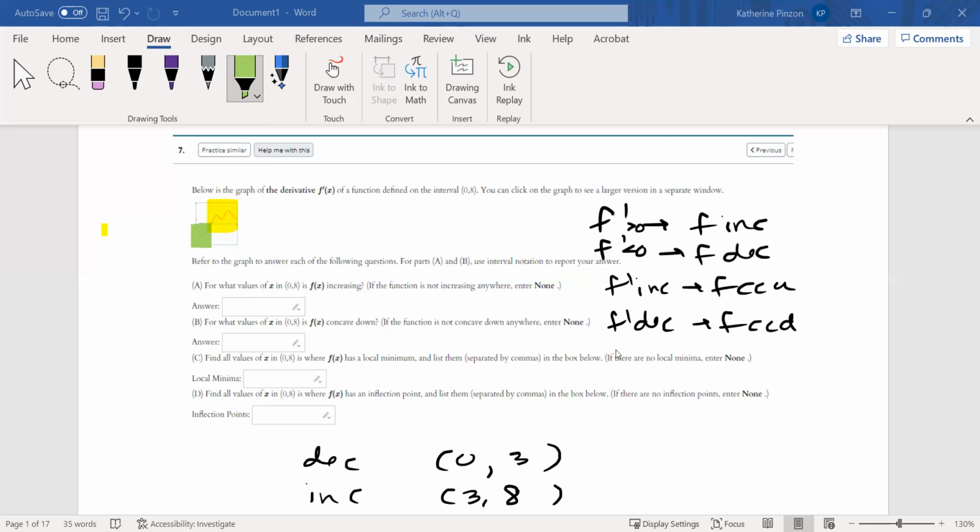He's decreasing from 0 to 1, from 4 to 5, and from 6 to 8. So this guy will be concave up from 1 to 4 and 5 to 6, and concave down from 0 to 1, 4 to 5, and 6 to 8.